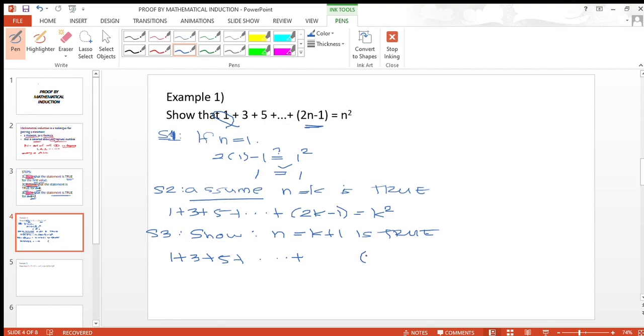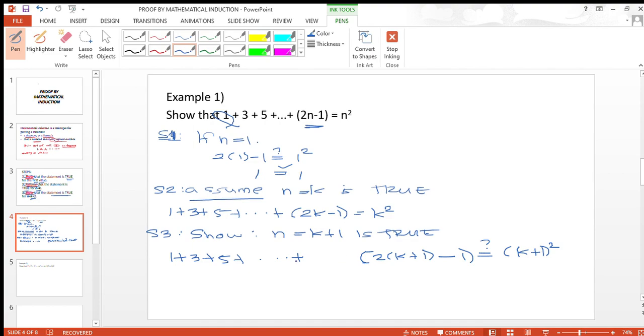So we change n by k plus 1. We have 2 times k plus 1, minus 1. So we just replace n with k plus 1, and the right side is n squared, so we now square k plus 1. So that's the question: is the left side equal to the right side?